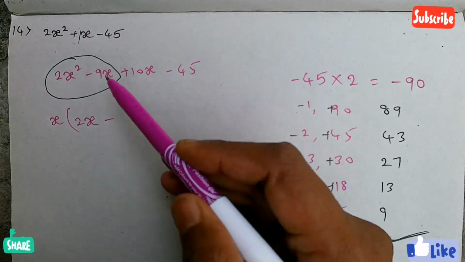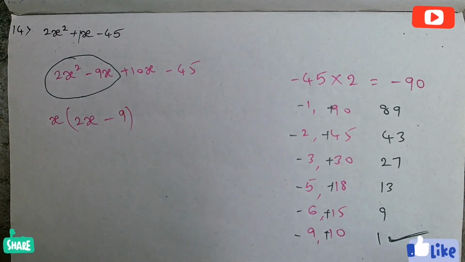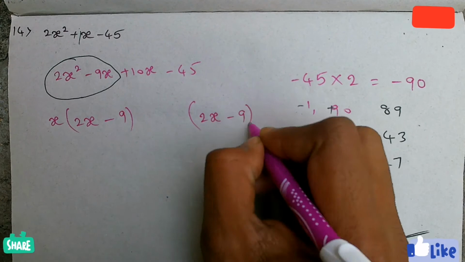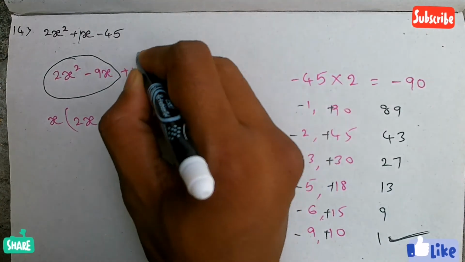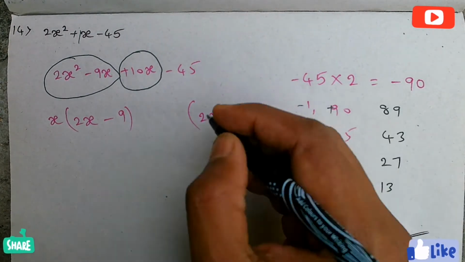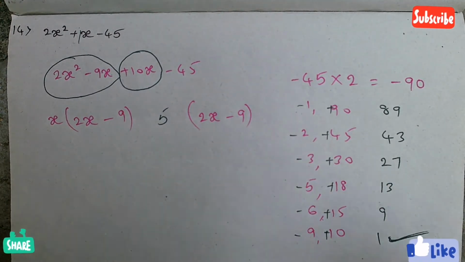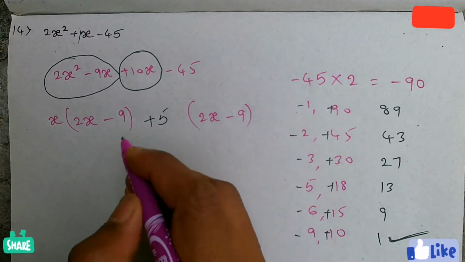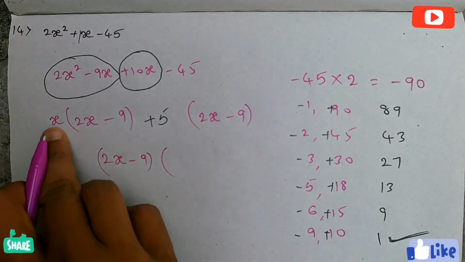Minus 9x is there, x is already taken, so we remain with minus 9. Again here also we need to get the same 2x minus 9 inside the bracket. Then what will we take common? If we observe the third term, this is 10x, 2x is already there, so what do we need to take common? 5 we need to take common, because 5 2s are 10. So plus 5 or normal 5, both are same. 2x minus 9 is there 2 times, so write it once: 2x minus 9 times x plus 5.